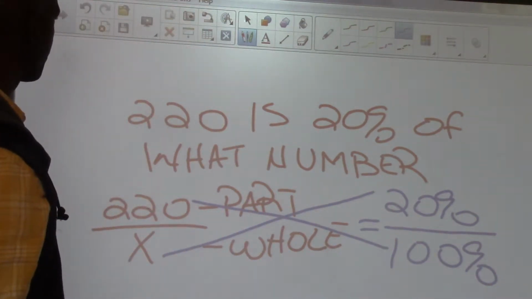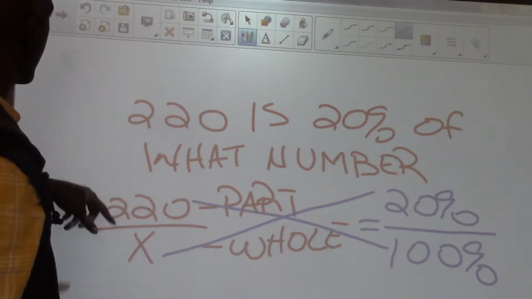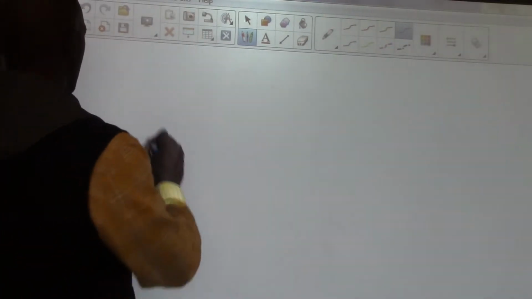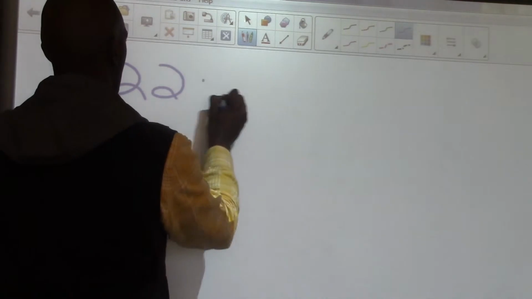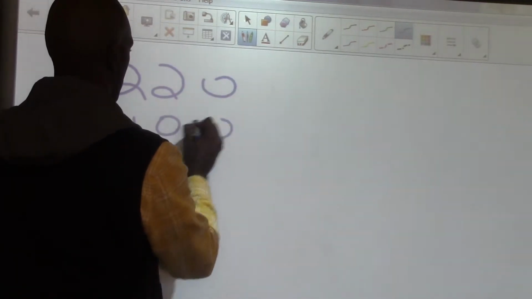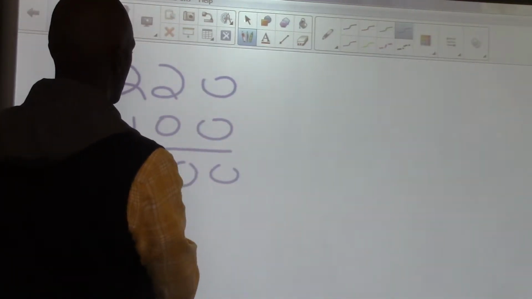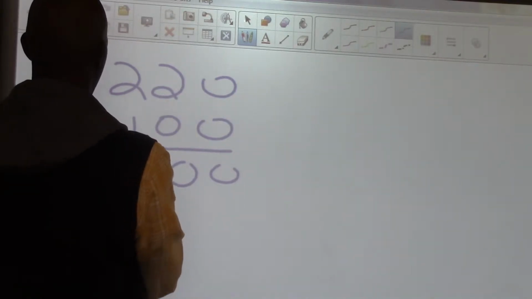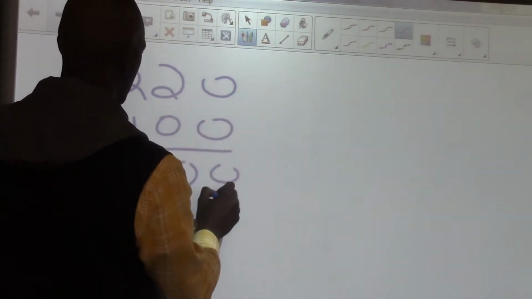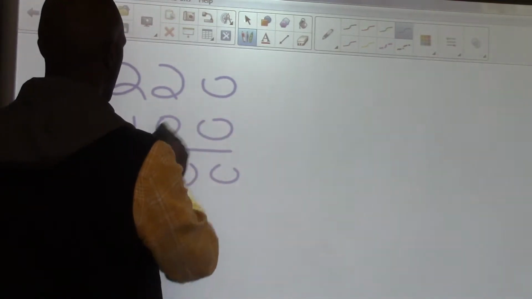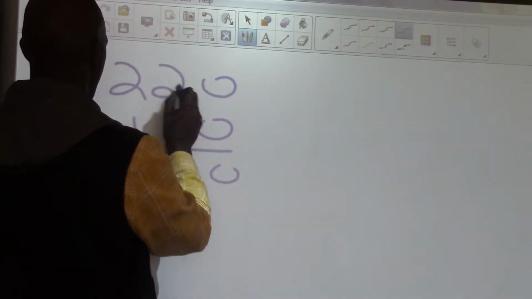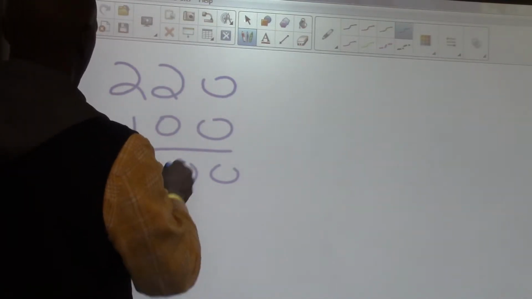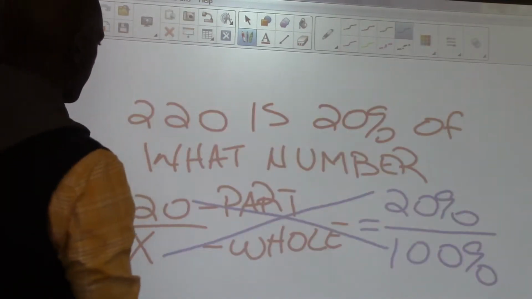When we multiply 220 times 100, 0 times 0 is 0, 0 times 0 is 0, 1 times 0 is 0, 1 times 2 is 2, 1 times 2 is 2. We get 22,000.